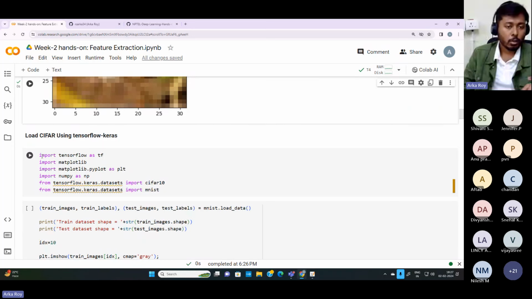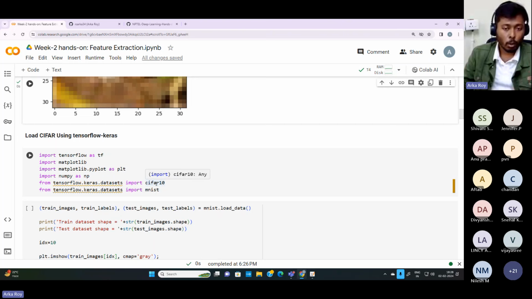To do that, I have imported TensorFlow and renamed it as tf, as well as imported matplotlib, renamed as plt. NumPy I have also loaded. And because we need datasets, I have written from tensorflow.keras.datasets import CIFAR-10. The datasets module contains a pool of datasets, for example, MNIST, CIFAR-10, then LibriSpeech.